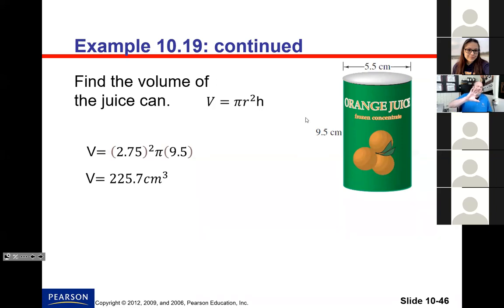Now, don't be mistaken, this cylinder could be sitting on its side. Doesn't matter. Height is the overall length of it, right? So 2.75 is the radius. We square that, times it by pi, times it by 9.5. We end up with 225.7 cubic centimeters. That's volume. Okay.